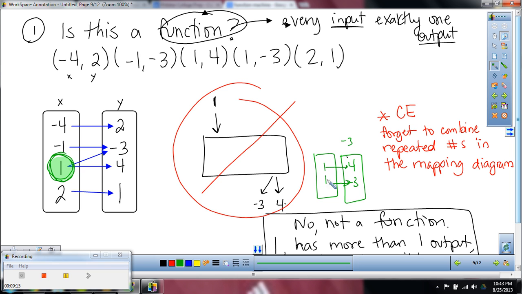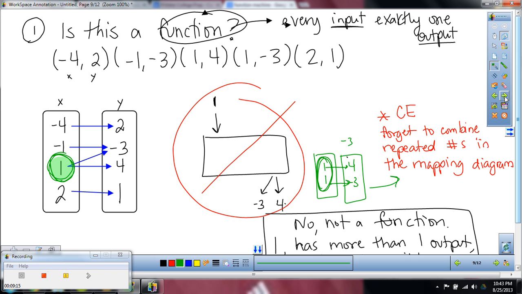If we rewrite it twice, it's not as obvious that this one input is really the same thing, even though it looks like this one is going to one output and this input is going to one output. It's actually not, because this is the same thing. So we really want to make sure that we're not forgetting to combine those repeated numbers, because this is a really easy way to accidentally call something a function when it's not.